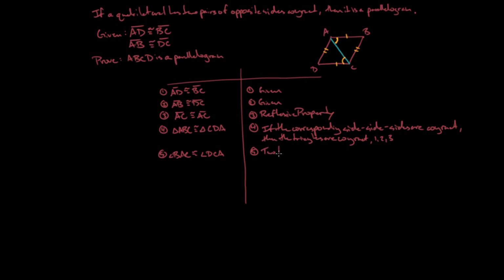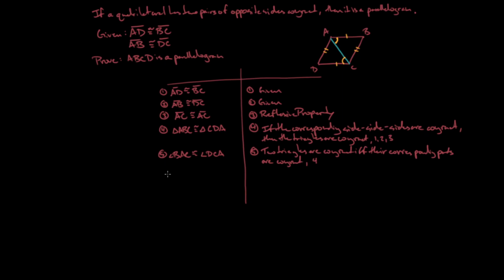Two triangles are congruent if and only if their corresponding parts are congruent. That comes from 4.